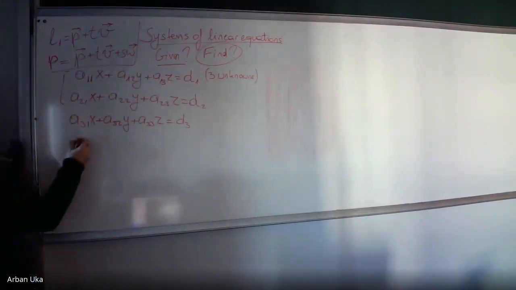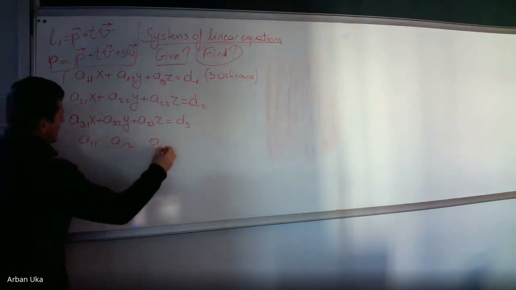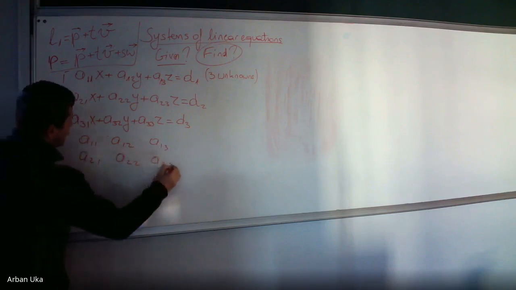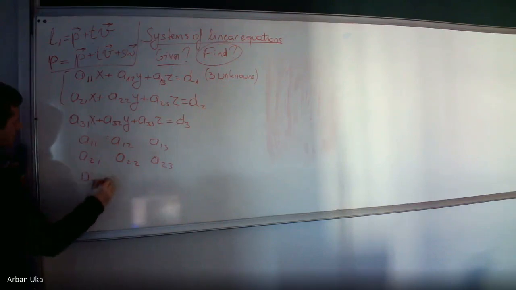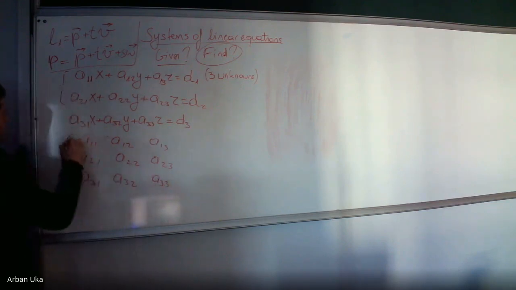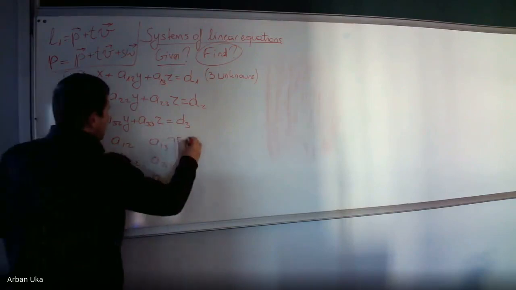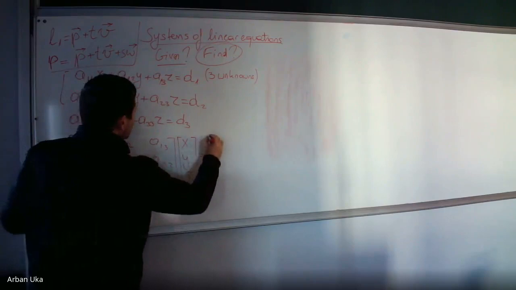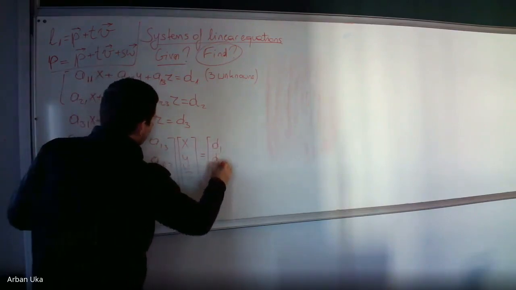So we can write here A11, A12, A13, A21, A22, A23, second row, third column. Here we have third row, first column, A32 and A33. So this is the matrix. We just multiply this with the variables X, Y, and Z, and this is equal to D1, D2, and D3.